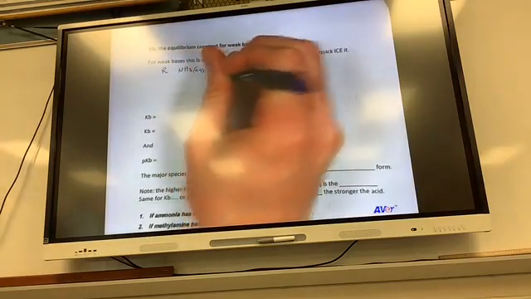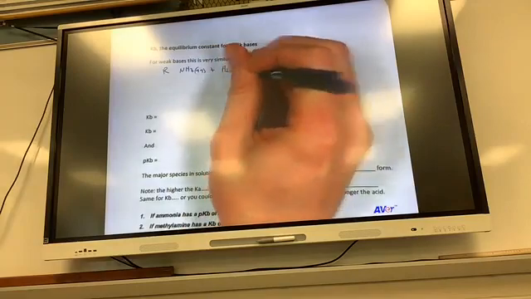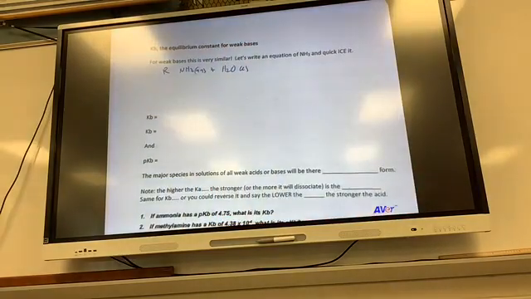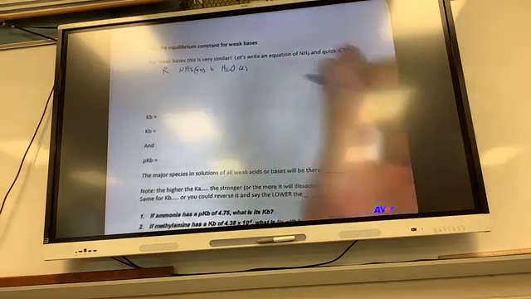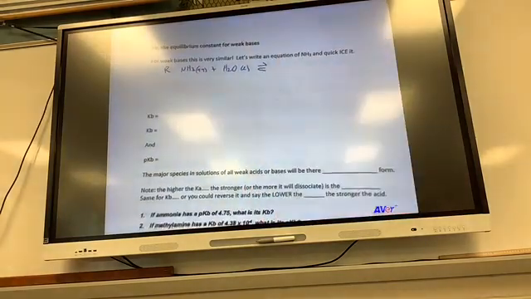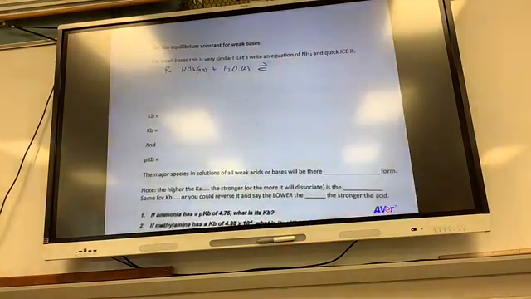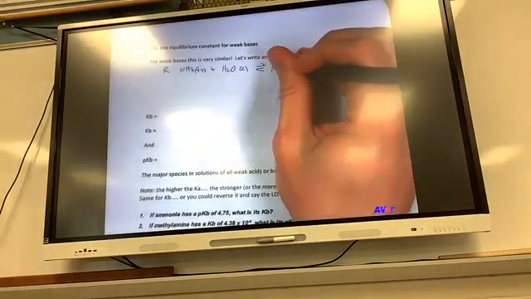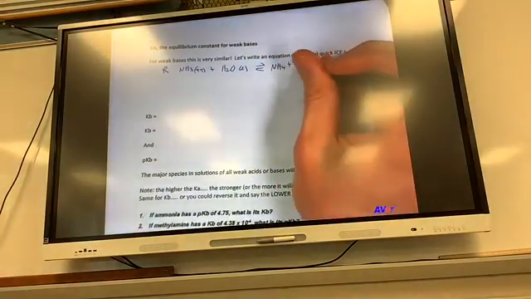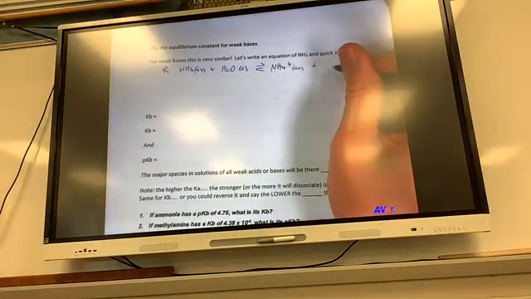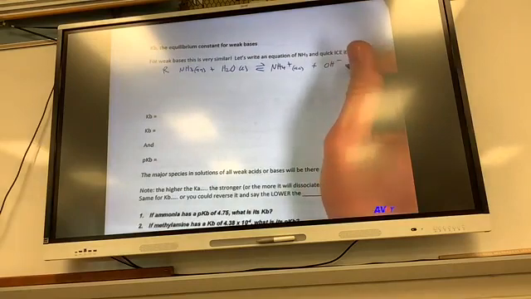What do bases want to do? Bases want to gain an H plus. That's going to be in equilibrium with NH4 plus aq plus OH minus aq.